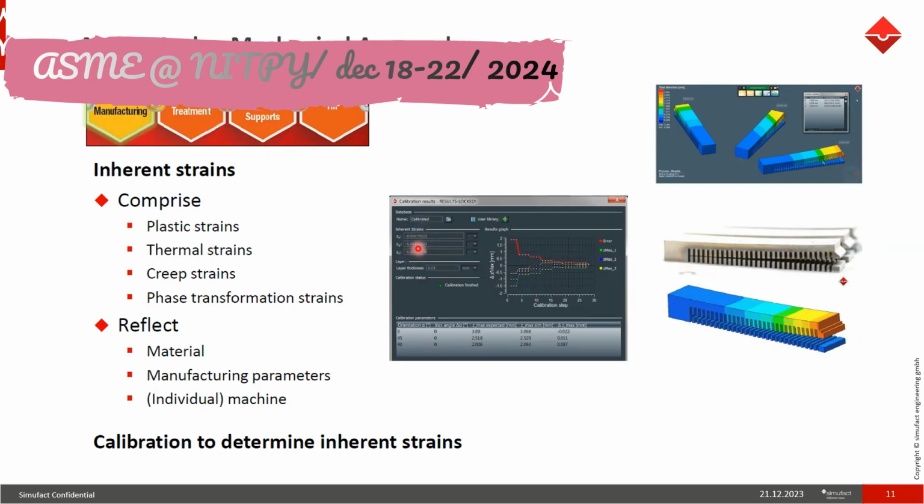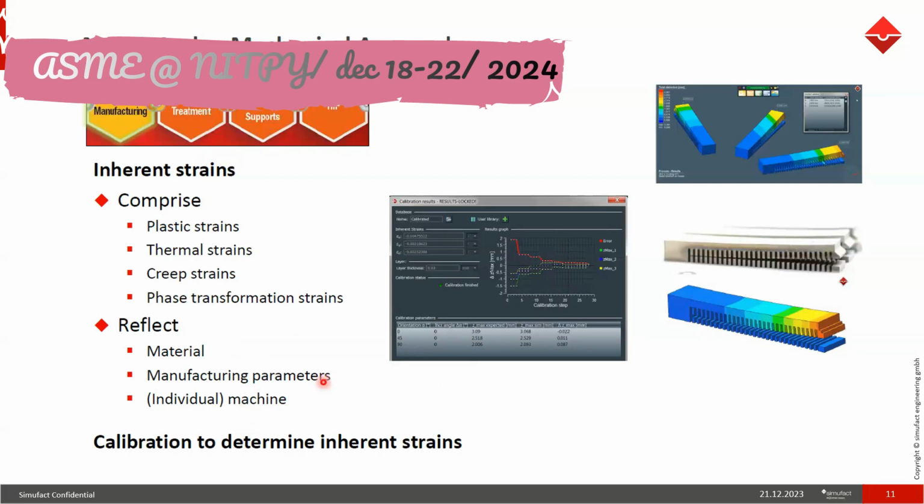The part can be any part, any shape, but it should be of the same material, the same manufacturing parameters, and the same machine that was used for the calibration.